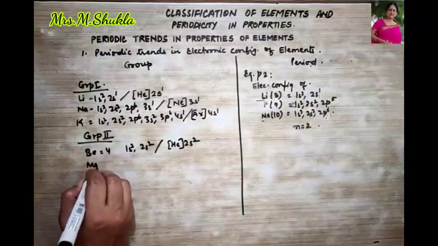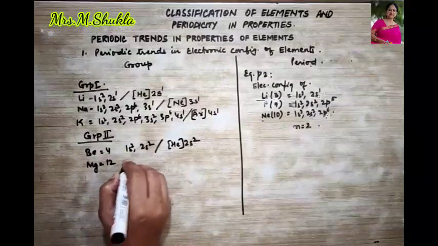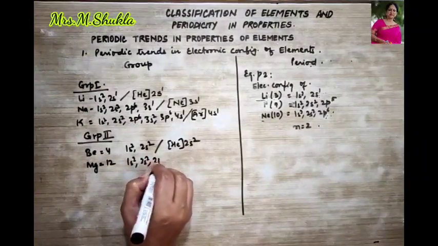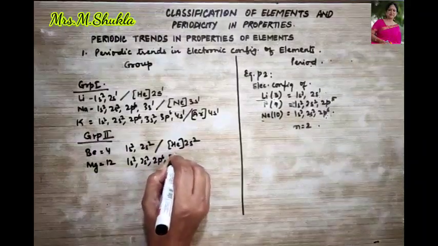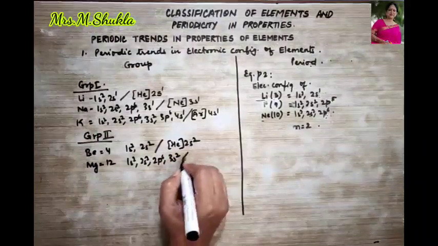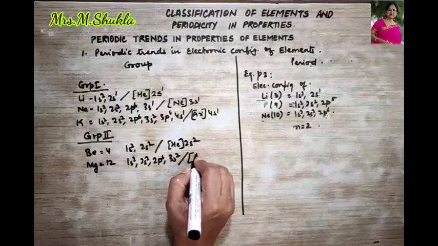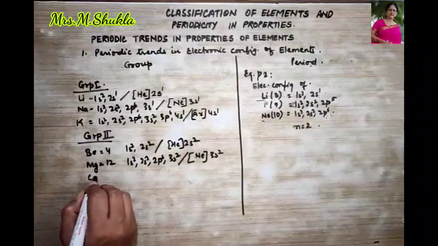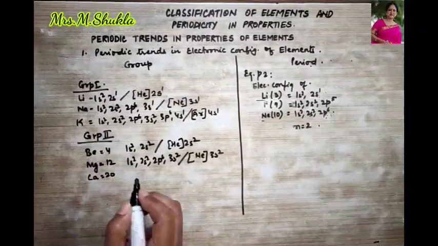Then let's see magnesium, which is 12. So 1s2 2s2 2p6 3s2, which can also be written as neon 3s2. Then calcium, which is 20.